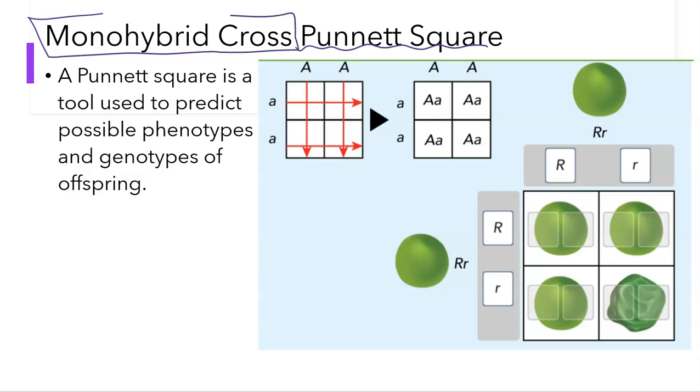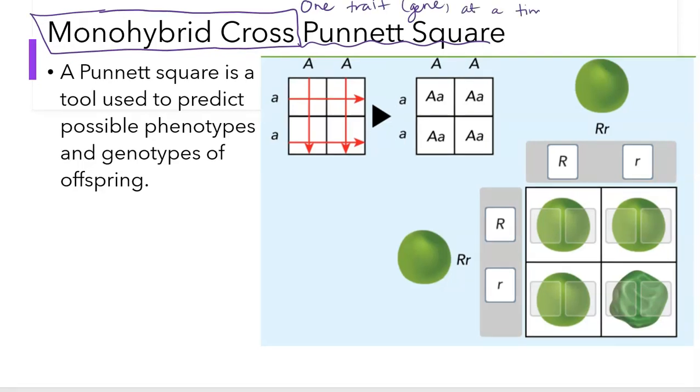This is called a monohybrid cross, one trait or gene at a time. But we will also later in this unit be looking at multiple genes at a time, more than just two alleles. So monohybrid cross, it's to predict the possible phenotypes and genotypes of offspring. Monohybrid is just one trait at a time. And again, these are predictions.